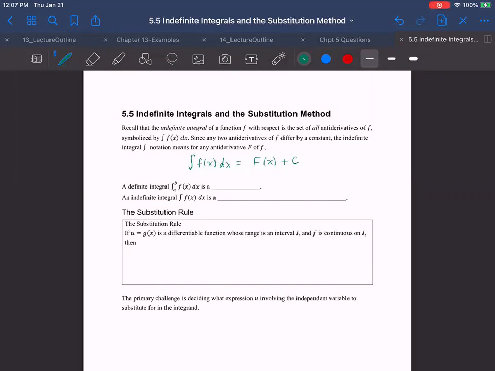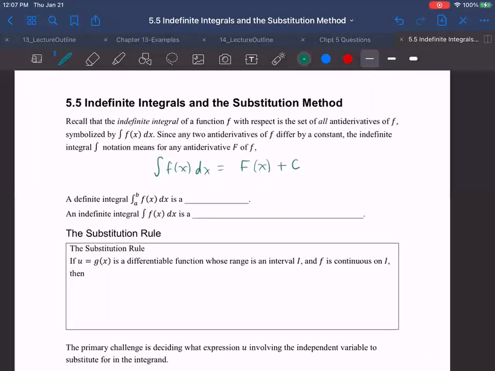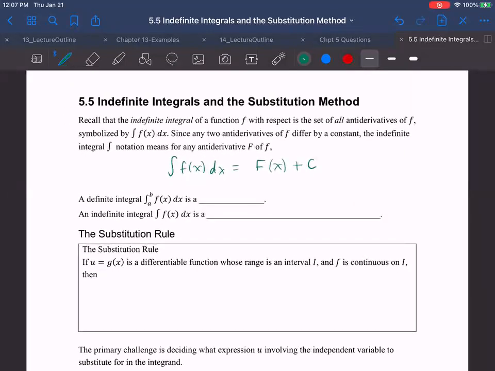So a definite integral, like that integral there, f of x dx from a to b, is going to give you some sort of a number typically, or at least here in this class. And an indefinite integral is going to give you a function plus an arbitrary constant.